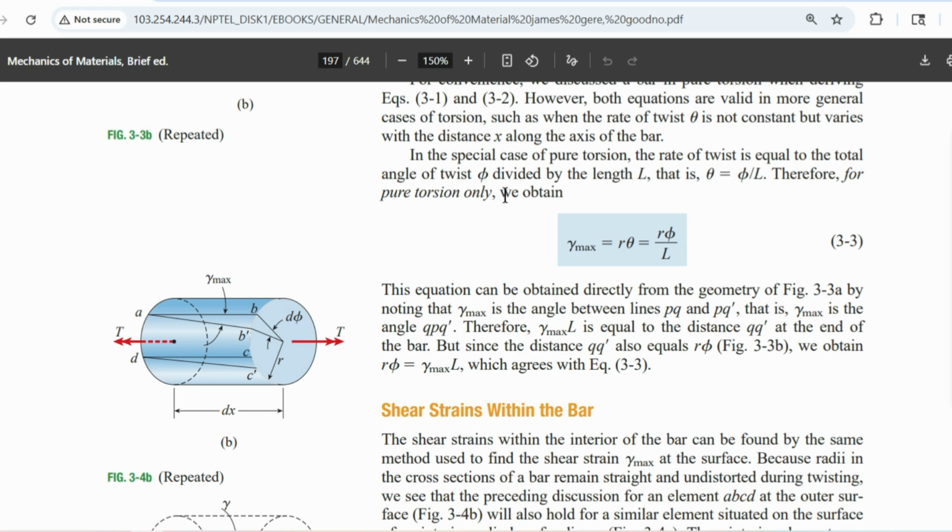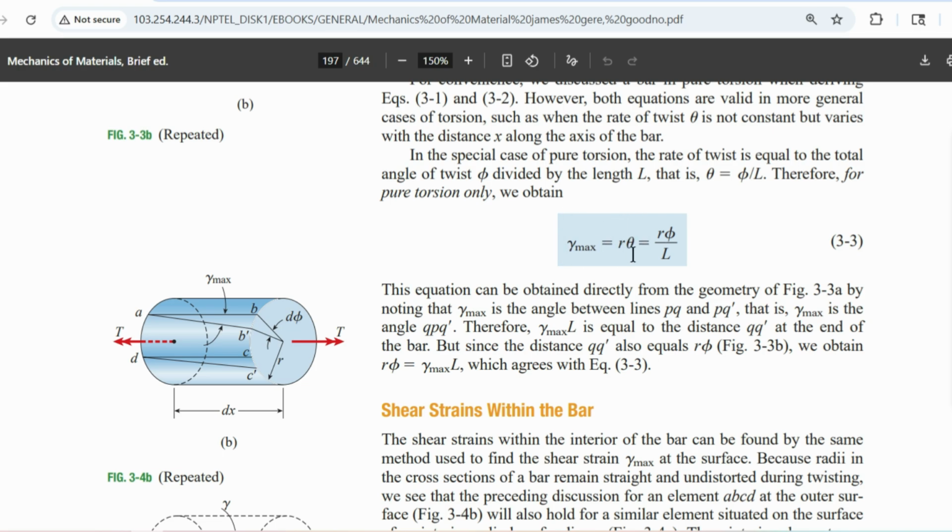Therefore, for pure torsion only, this angle that forms is this equation, the radius times that twist rate, which if we throw back in the radians times radius type thing, this is going to be d phi dx, because again we had that gamma dx, angle radians times radius, and then over here we had d phi, which is radians times radius.